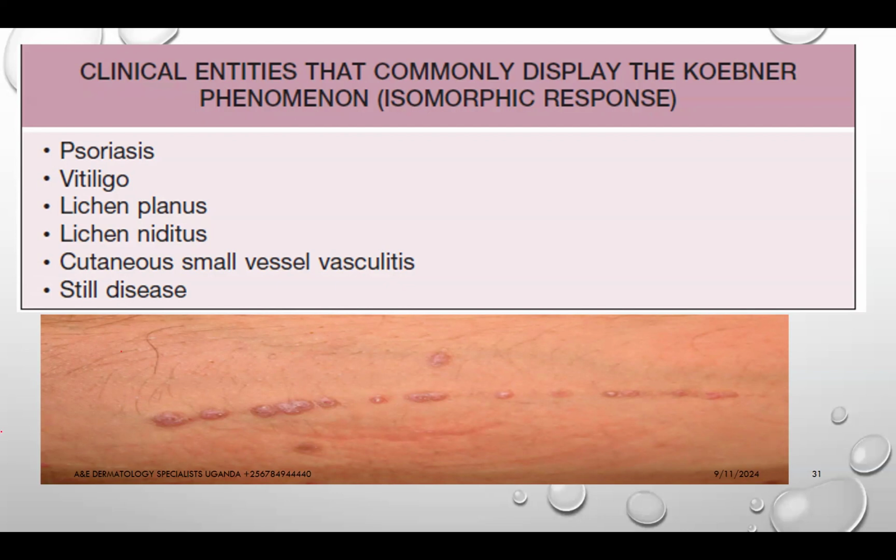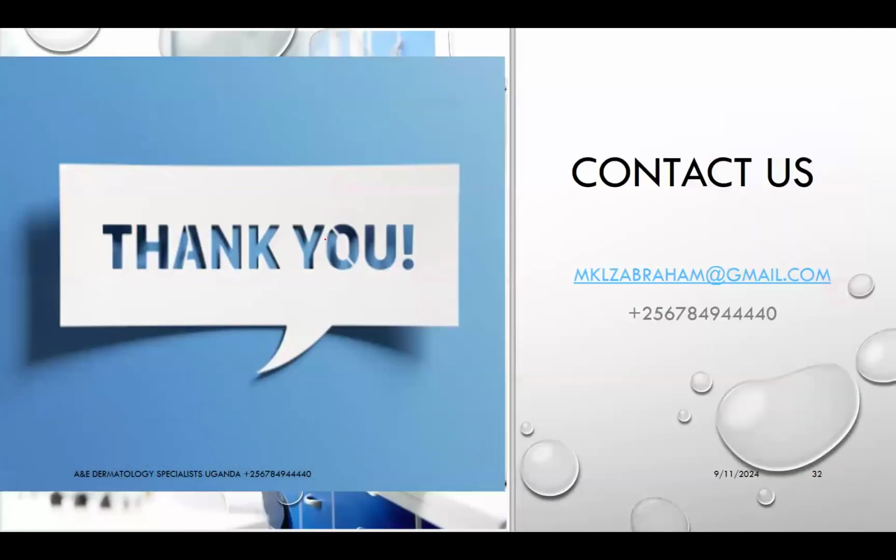In this case, this is where the patient scratched first and the rash follows that line. That's what we call Koebner phenomenon. Conditions that usually show this type of arrangement include psoriasis, vitiligo, lichen planus, lichen nitidus, cutaneous small vessel vasculitis, and Still's disease. All these give Koebner phenomenon.